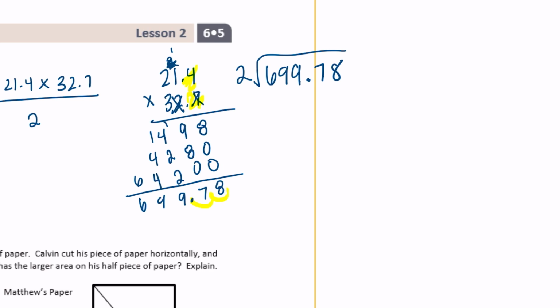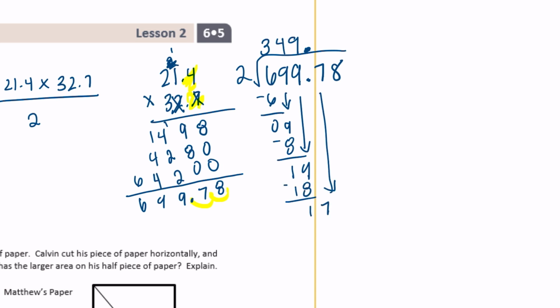Okay. Bring my decimal point up. 2 goes into 6 3 times. Bring down the 9. 2 goes into 9 4 times. That's 8. So we have 1 left over. Bring down the 9. 2 goes into 19 9 times. Bring down the 7. 2 goes into 17, let's see, 8 times.